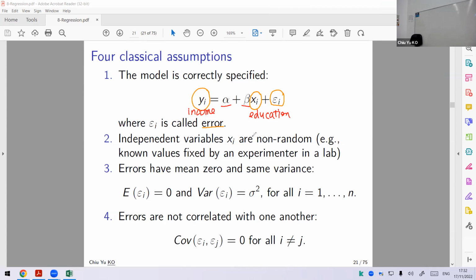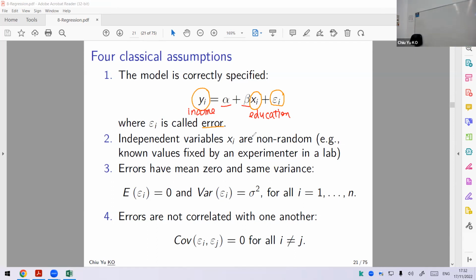Everyone would have something that is random. And what's the random there? The random can come from the things that we don't model. For example, what affects income but not education, maybe your IQ, how beautiful or handsome you are, your EQ, and so on and so forth, right? And the things that we do not model are the epsilon i. That's why I call it error, or sometimes the random term.